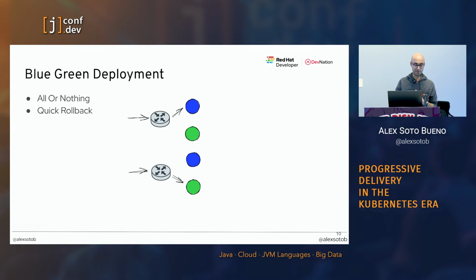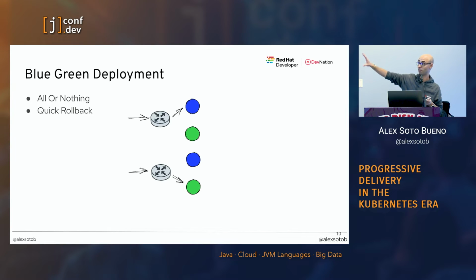Of course, as I said, this was really important during the virtual machines era. Now, with Kubernetes, you can still do it, but it probably does not make much sense. But it's a technique that has been here for a long, long time. And one of the great things about this technique is that with a blue-green deployment, you are not deploying a new version by destroying the old one.